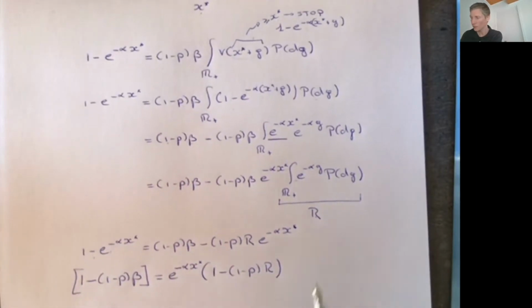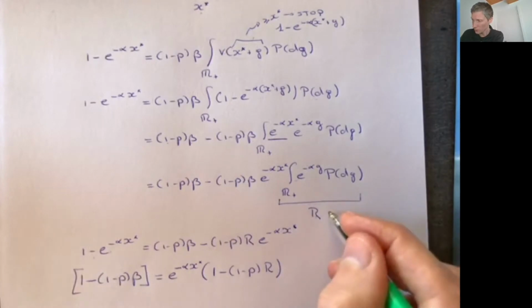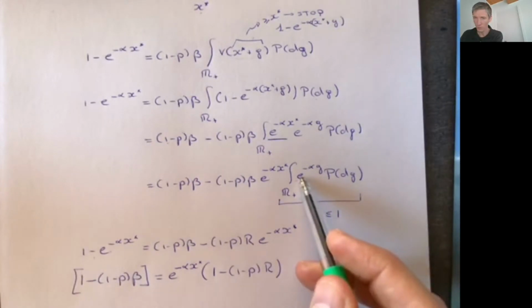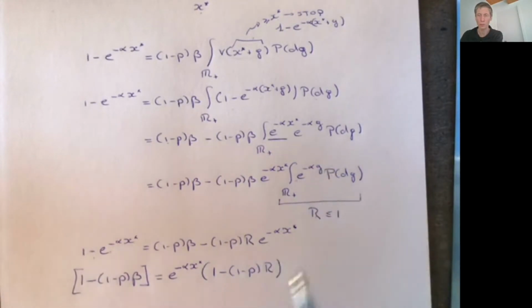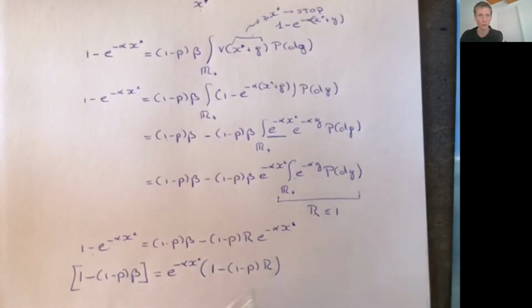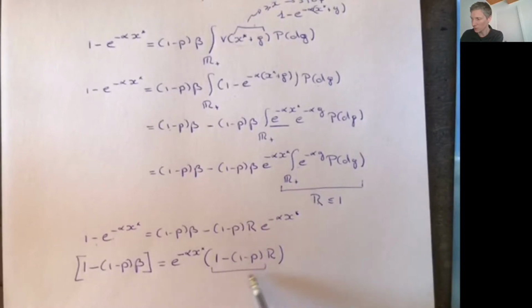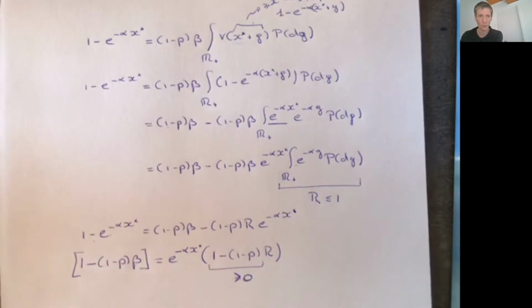Okay, this r here is smaller or equal to 1, right? Because then e to the minus something is going to be lower than 1, and then integrating over something lower than 1, this is going to be lower than 1. So this here is greater or equal to 0. Well, if p is smaller than 1, this is strictly positive.